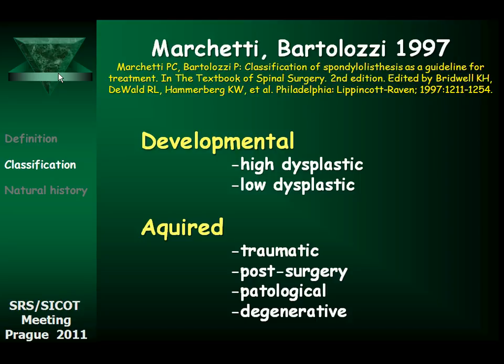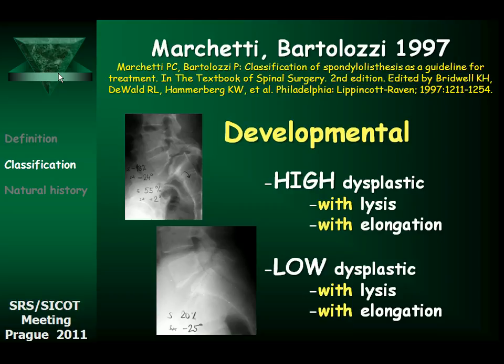The next step in the classification of spondylolisthesis was done by Marchetti and Bartolozzi in 1997. They divided spondylolisthesis into 2 types: developmental, which means high dysplastic or low dysplastic, and acquired, which means traumatic, post-surgery, pathological, and degenerative.